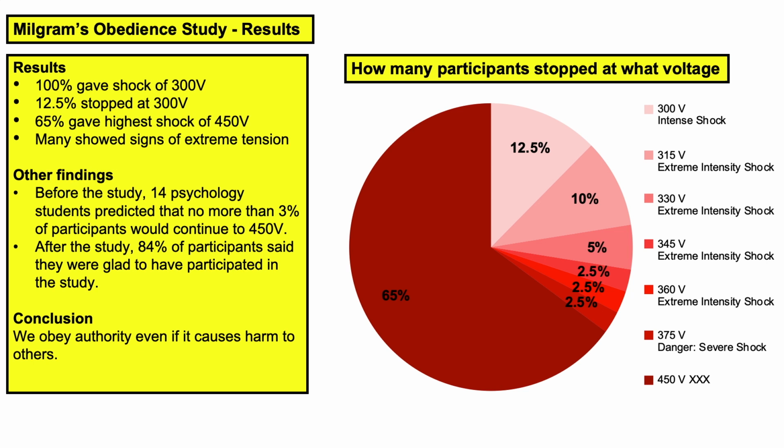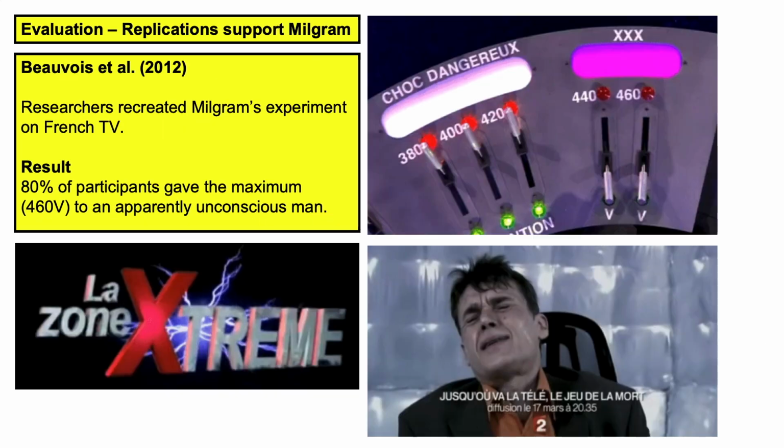But let's dig a little bit deeper into the study. First, we got to ask, was this just a fluke? Did Milgram maybe not perform his experiment well? Were other experimenters able to replicate his findings? And in fact, a French TV show under the leadership of this French researcher whose name I will now butcher, Beauvois, in 2012, did the same on TV.